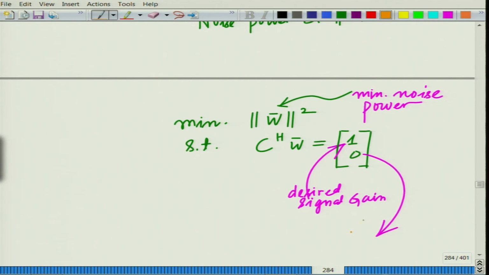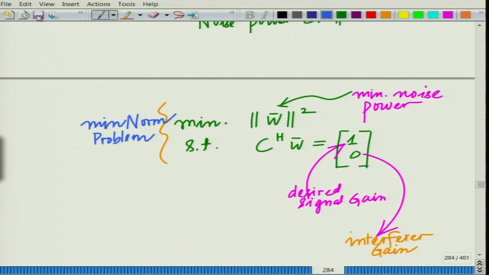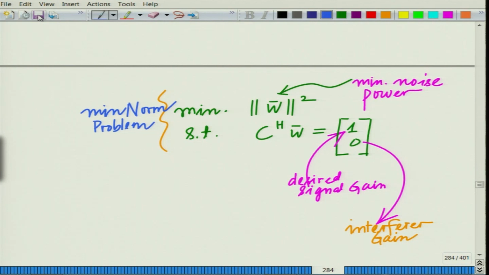Therefore, this multi-user beamforming problem is now a minimum norm problem, that is, the least norm problem.